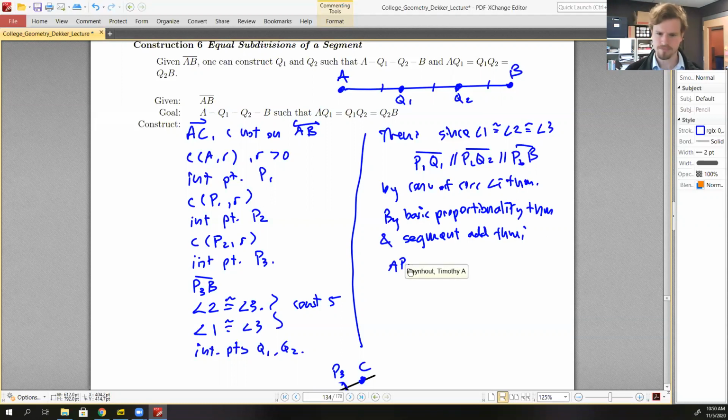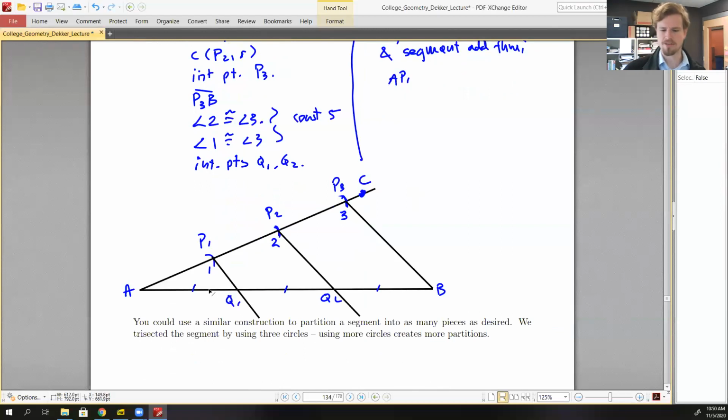AP1, right? So that theorem says that it's an if and only if statement, so we know that these are parallel, and since they're parallel, we get a collection of proportions. So AP2 divided by this segment length is equal to this segment divided by this segment. And this segment divided by this segment is equal to this segment divided by this segment.